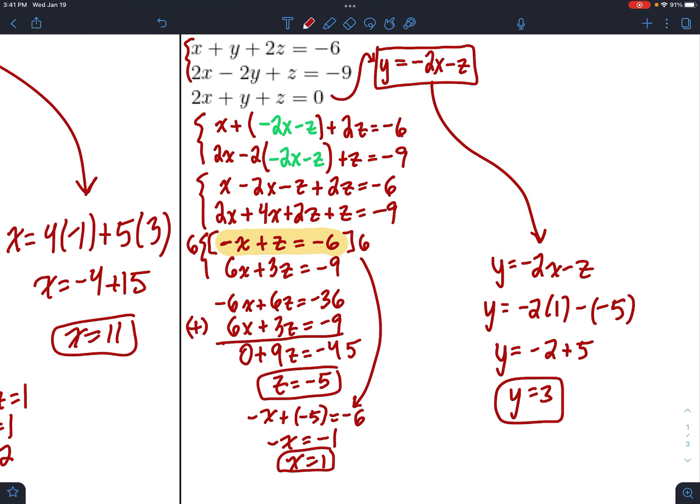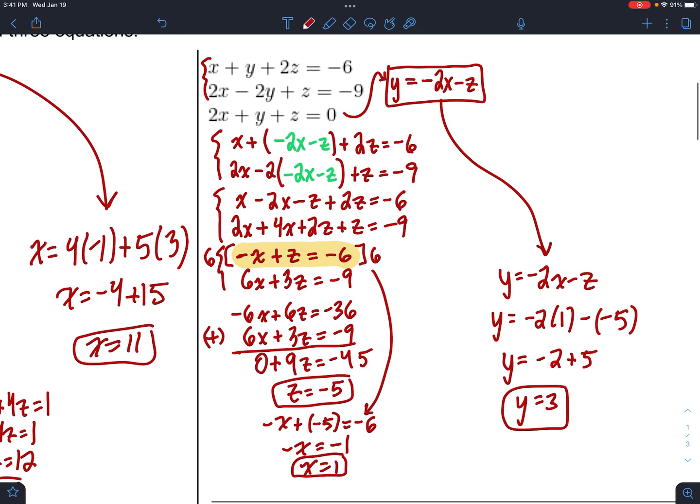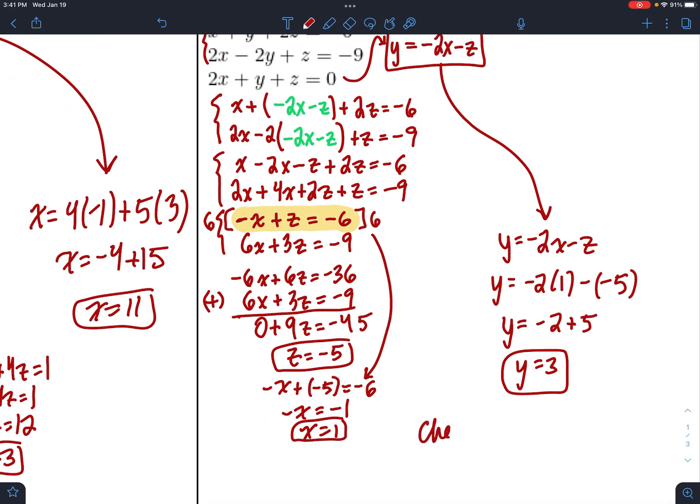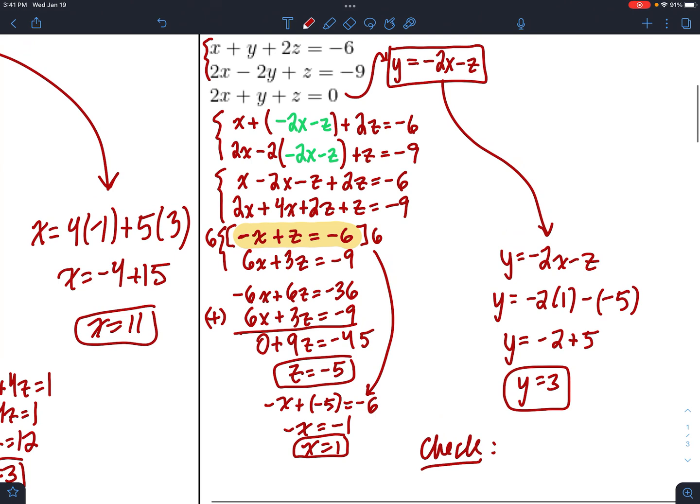Okay? And we could verify this by plugging it into each one of these equations and making sure that it works. And yes, you have to do every single equation. But I'll just show you one. Let's check the top equation.